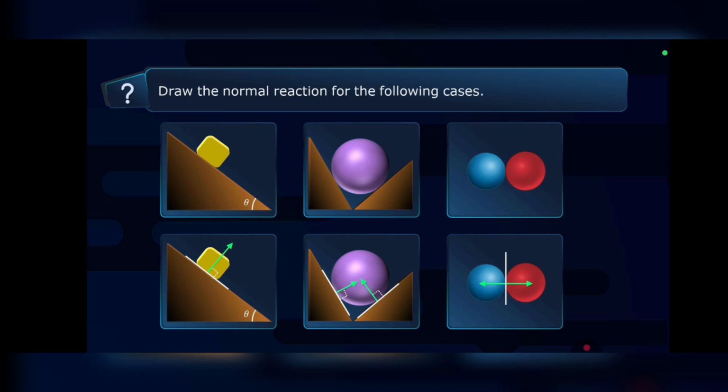If a body is on a horizontal plane, then the normal reaction acts in the perpendicular upward direction on the body. If a body is placed on an inclined plane, then it acts perpendicular upwards on the inclined plane.